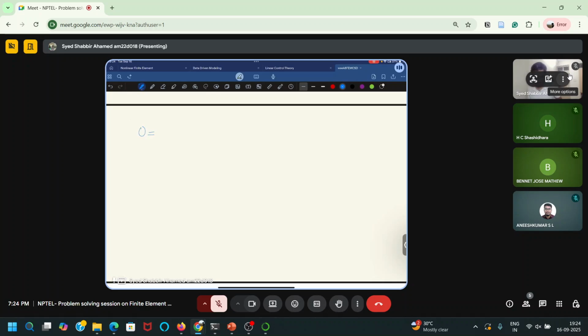This is derived; you have to refer to the notebook or some textbook or the slides. So this is our weak form, this into N. So instead of w, I am replacing w with N here.